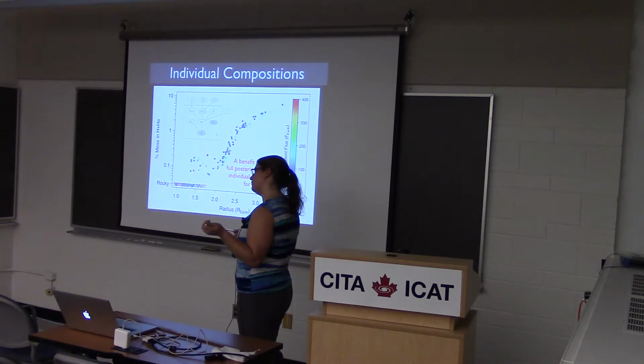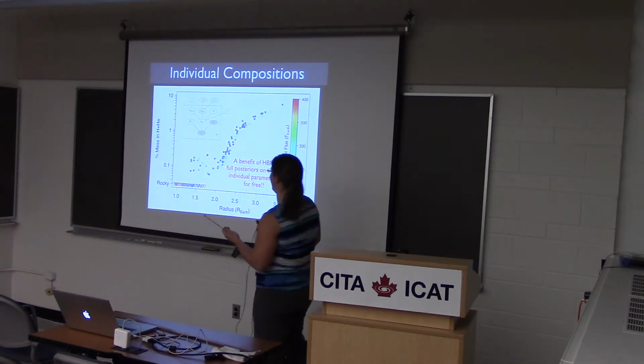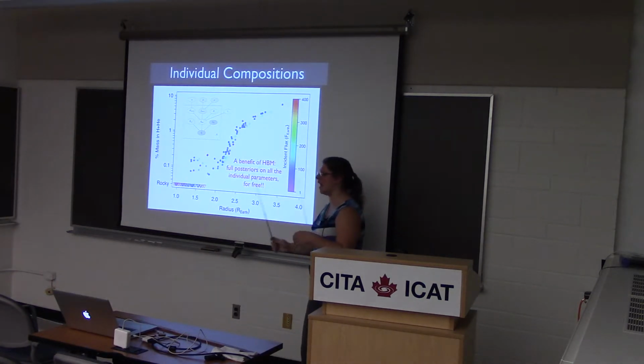You're just saying that you have more planets with such mass in this range of radii, but you're not saying that at one mass we have a distribution of planets, some gaseous, some rich. Yes, this is not a function of mass, but the very next project that I'm going to tell you about addresses that. So yes, that distribution does not fold in information about the planet's mass.